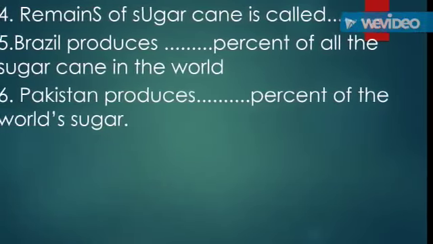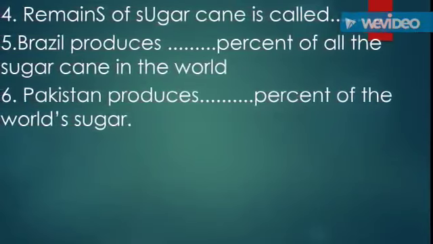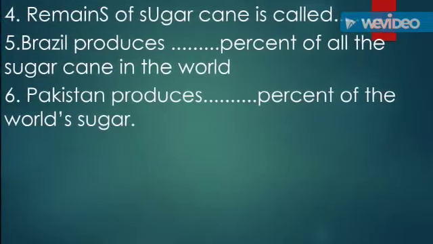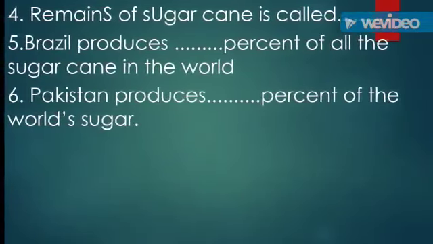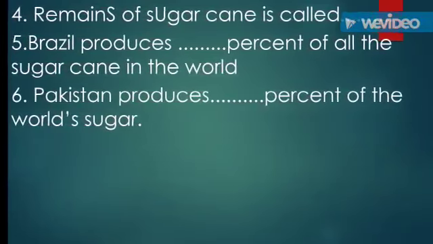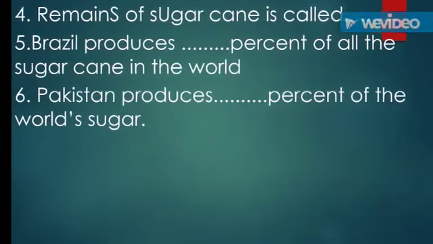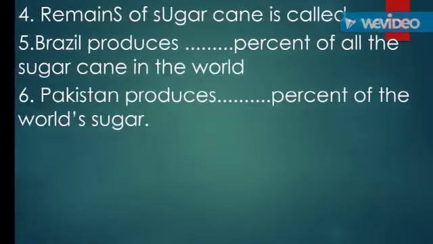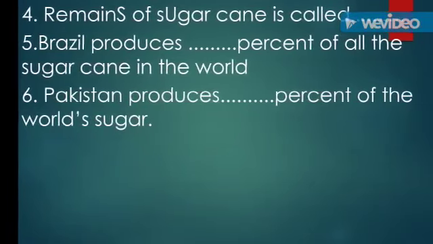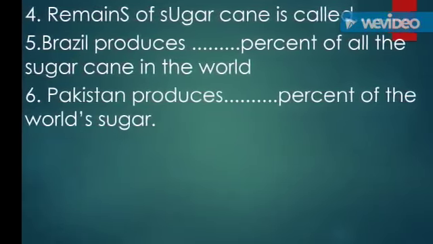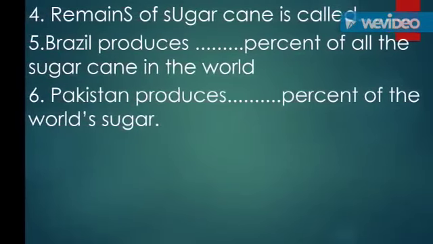Hope you will get all my points. Students, kindly read page number 10 and 11 for further understanding. After reading these pages, you will be able to complete your given task.